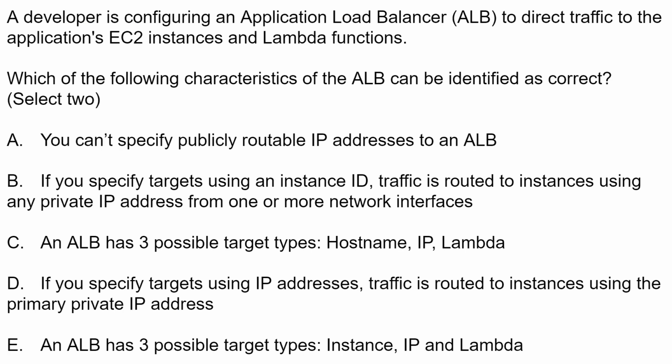B, if you specify targets using an instance ID, traffic is routed to instances using any private IP address from one or more network interfaces. C, an ALB has three possible target types: host name, IP, lambda. D, if you specify targets using IP addresses, traffic is routed to instances using the primary private IP address. E, an ALB has three possible target types: instance, IP, and lambda.